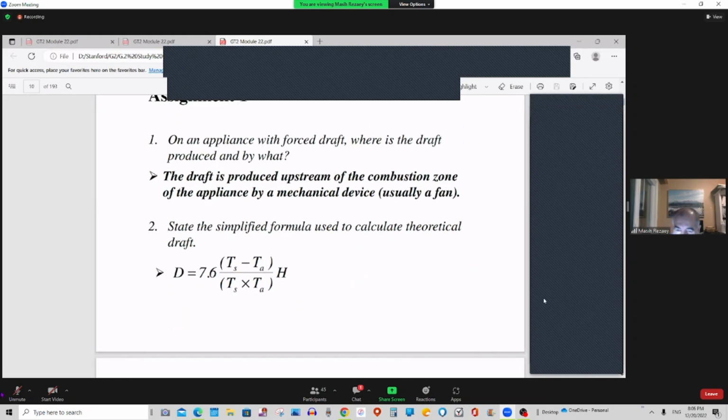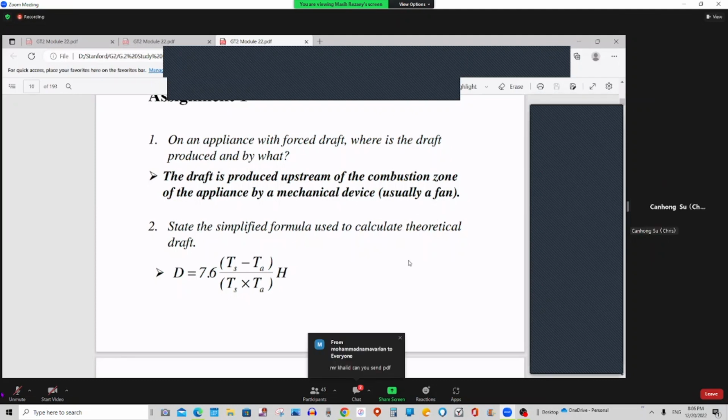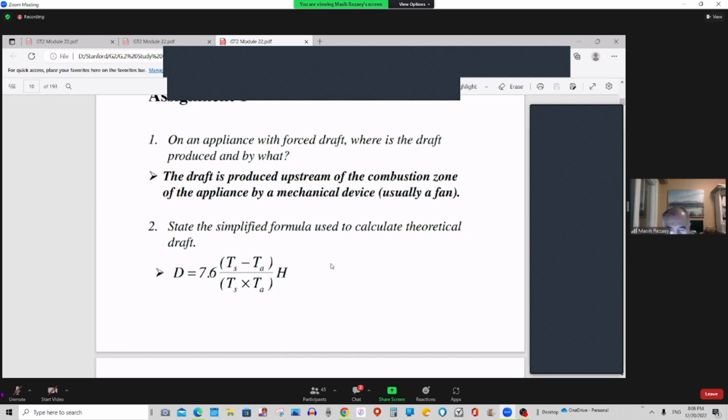Mr. Su, would you read number 2, please? It says the simplified formula used to calculate the theoretical draft. We explained that the draft depends directly on H, the height.